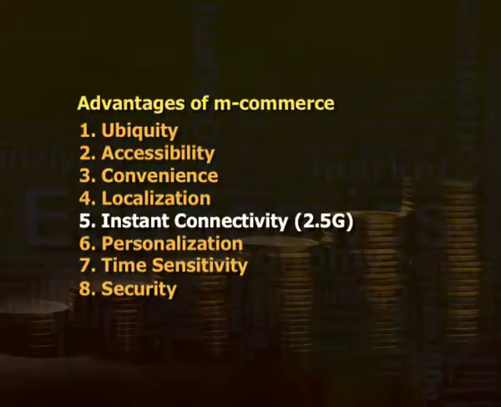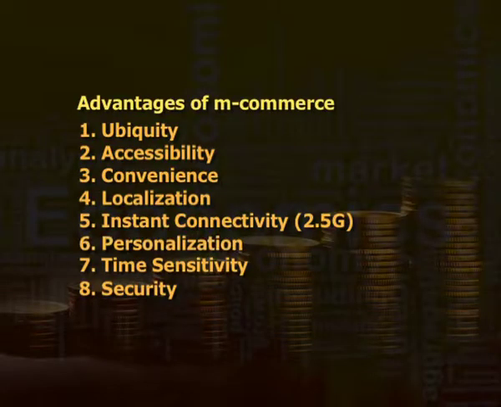Next is instant connectivity, that is 2.5G. Instant connectivity or always on is becoming more prevalent with the emergence of 2.5G networks, GPRS or EDGE. Next is personalization.